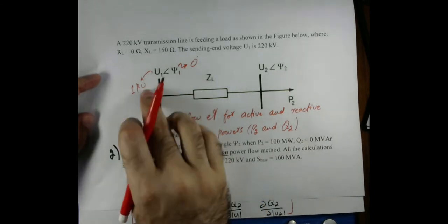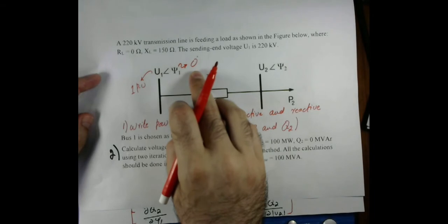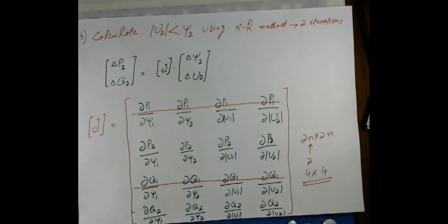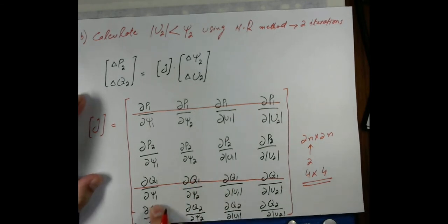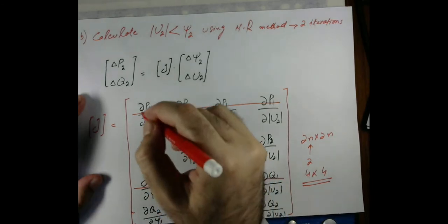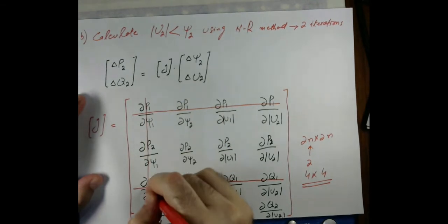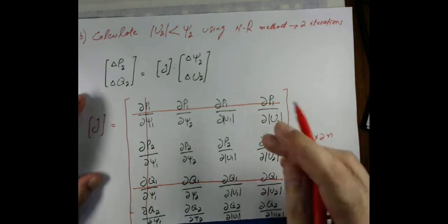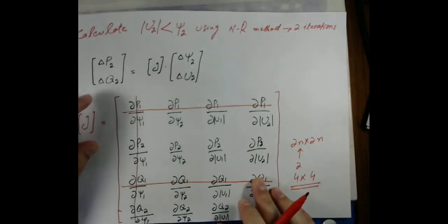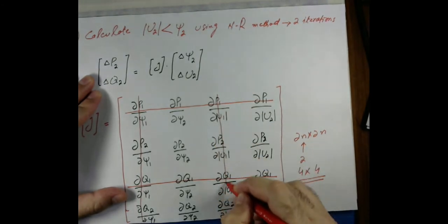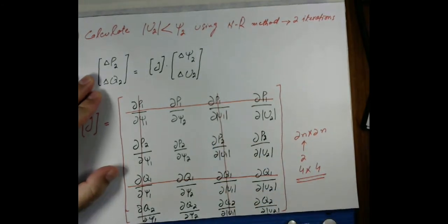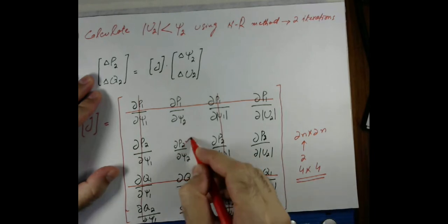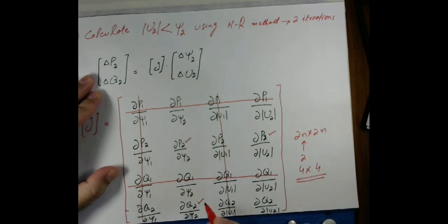So the magnitude of the voltage will be 1 per unit and the angle will be 0. Now, as psi 1 is 0, we will also remove the column for psi 1, and since we know the voltage magnitude at the slack bus, this column will also be removed. So the remaining entries will be this one, this one, this one, and this one.